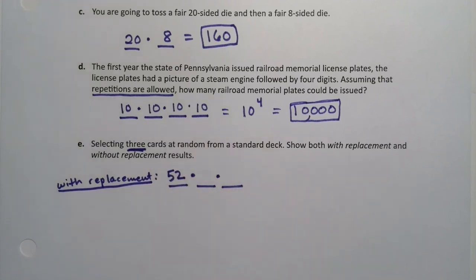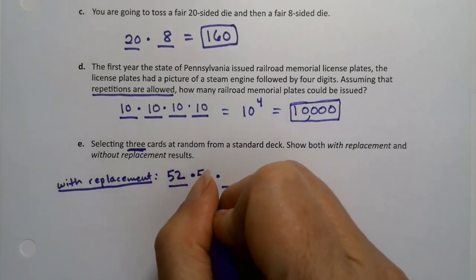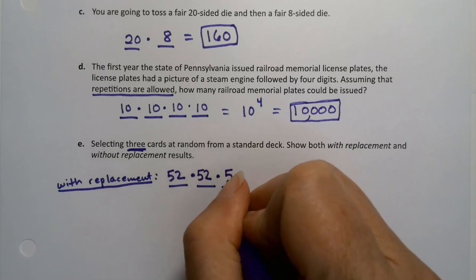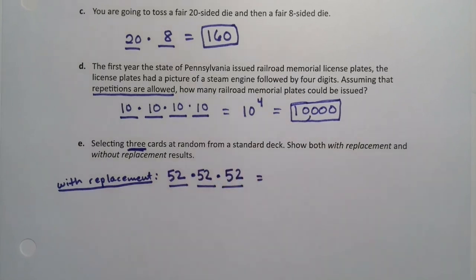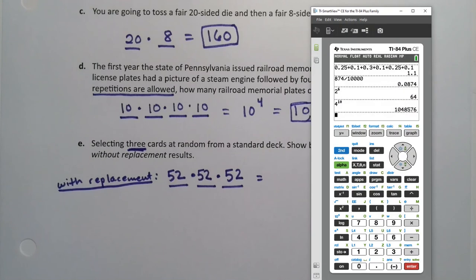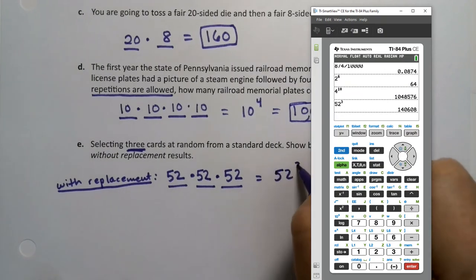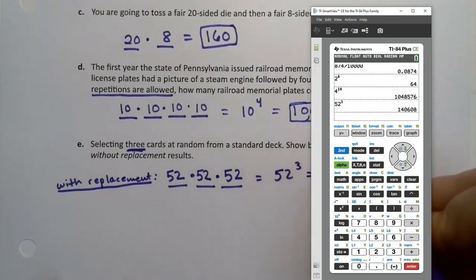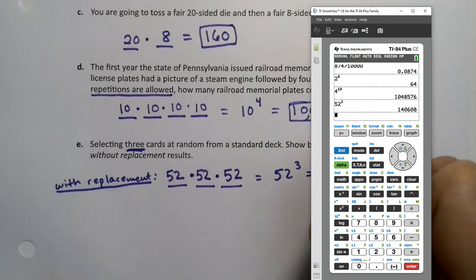And when you choose your next card, it's 52. And your next card, it's 52. And so it's 52 times 52 times 52, which is 52 to the third power, which is 140,608.